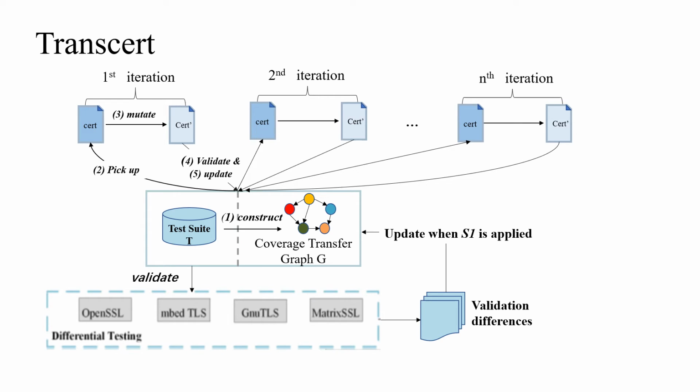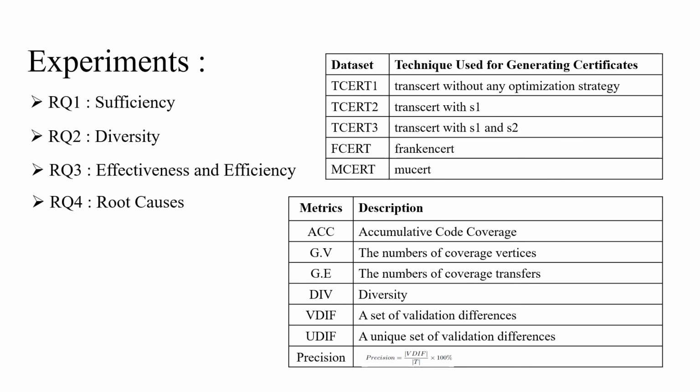One is on-the-fly testing to cut the propagation of redundant differences. If one certificate can trigger any validation difference, then it is immutable and will not be chosen for further mutation. Another one is performing extension-specific mutations on an established chain.